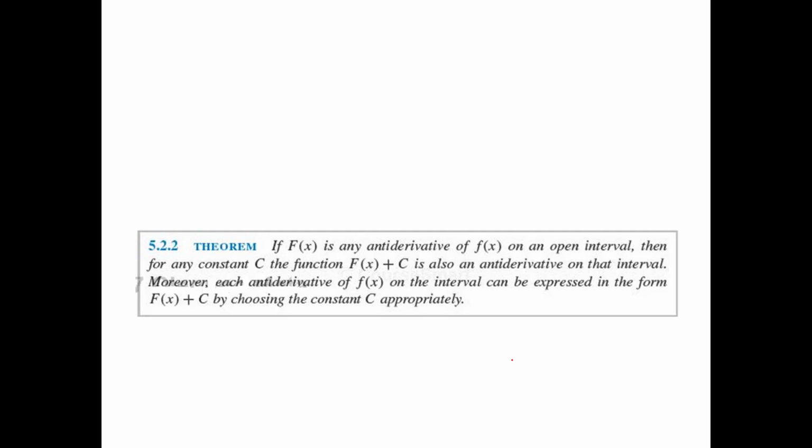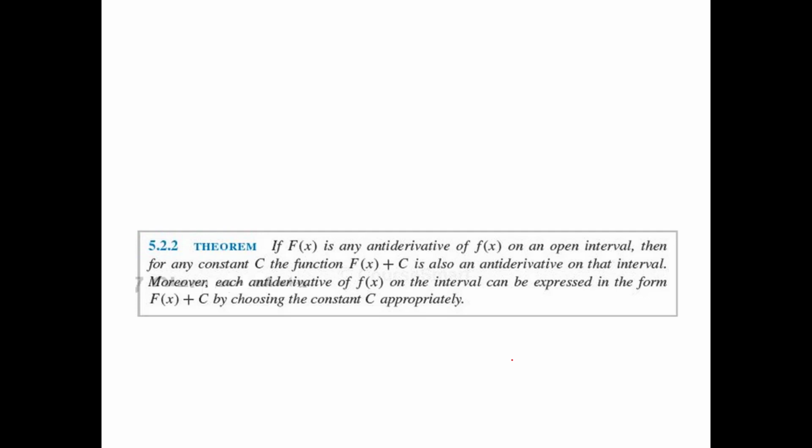We kind of talked about this in section 4.8 when we were dealing with the mean value theorem. But here it's phrased slightly different. If F of x is any antiderivative of f of x on an open interval, then for any constant c, the function F of x plus c is also an antiderivative on that interval. That should be obvious because the derivative of a constant is 0.